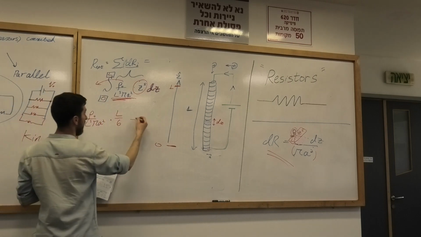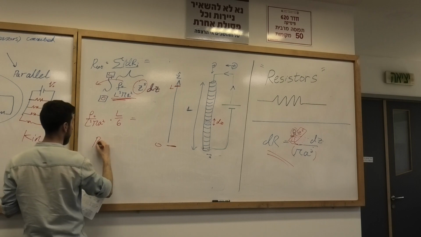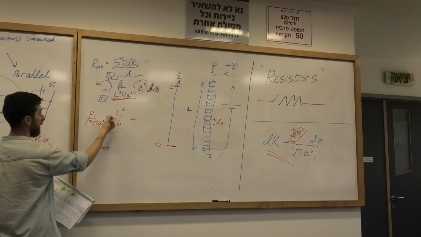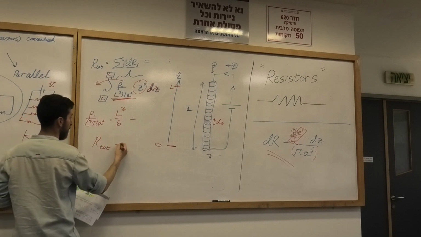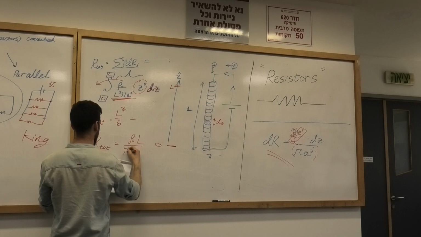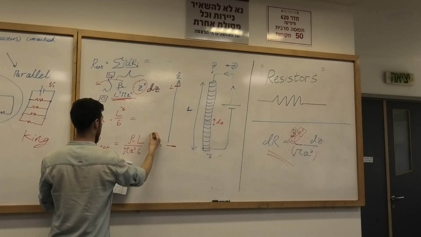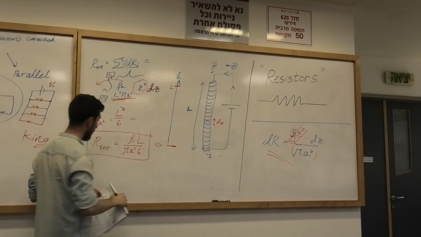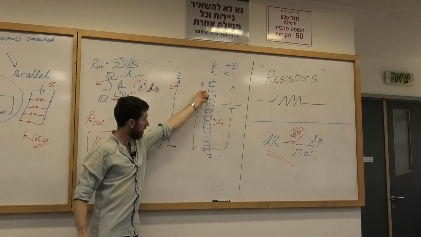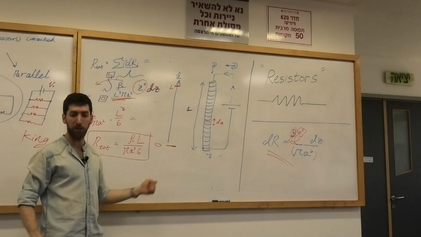The power of 6, yes. This cancels with this, and we end up with this term. Perfect. So this is the resistance, how much this tower resists current going inside.